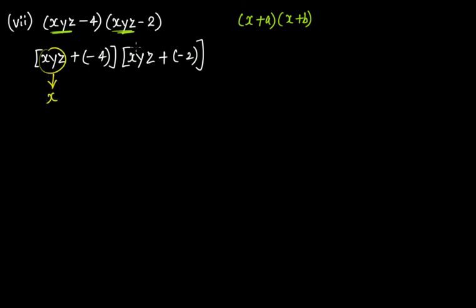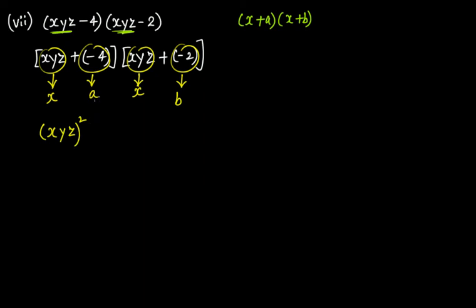This is x, this is x, this is a, this is b. So this is (x plus a) multiplied by (x plus b). So this is x squared, so (xyz) whole squared, right?